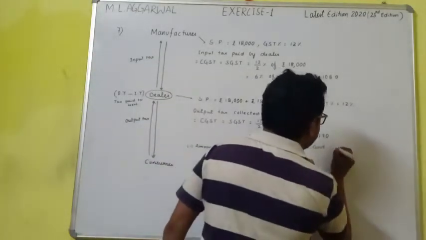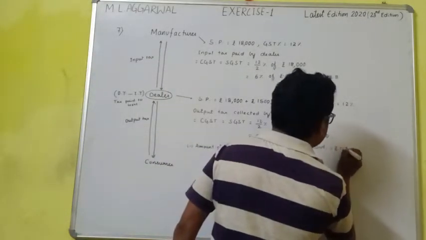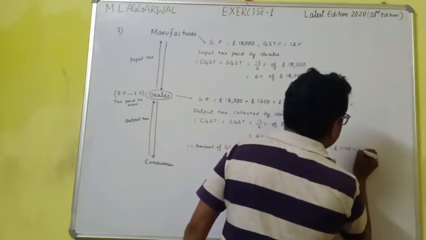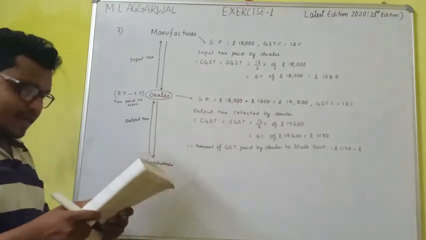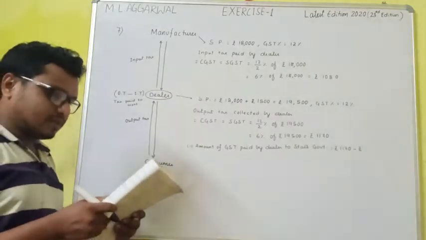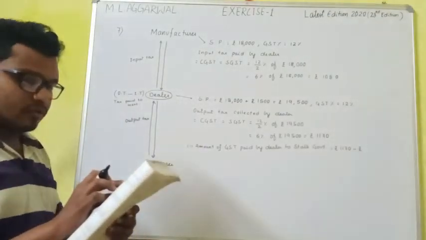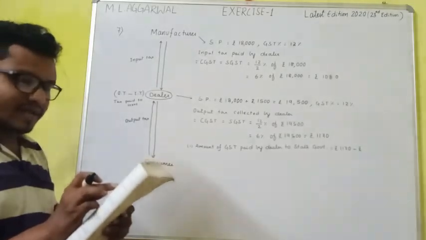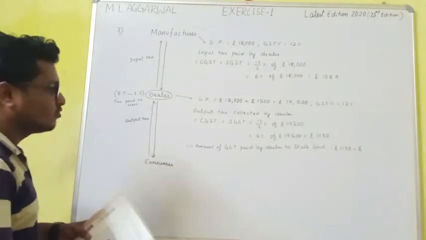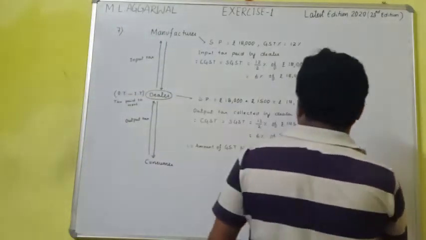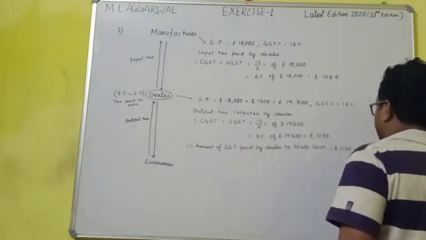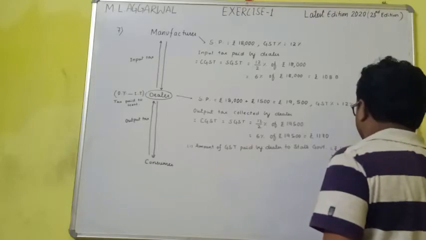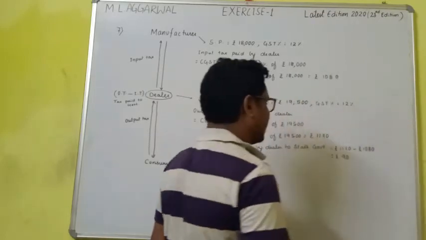So the amount of GST paid by dealer to state government will be equal to 1170 minus 1080, which will be equal to 90 rupees.